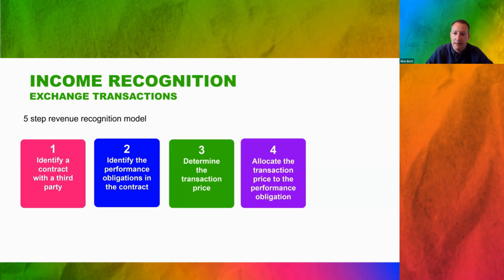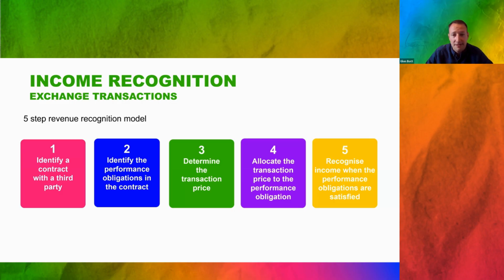What the SORP says is that each of those distinct performance obligations needs to be valued separately. It could be that when they're all combined together, the value of that is more than the contract, in which case you then prorate the value of the overall contract so that you have a fair split across each of those obligations.